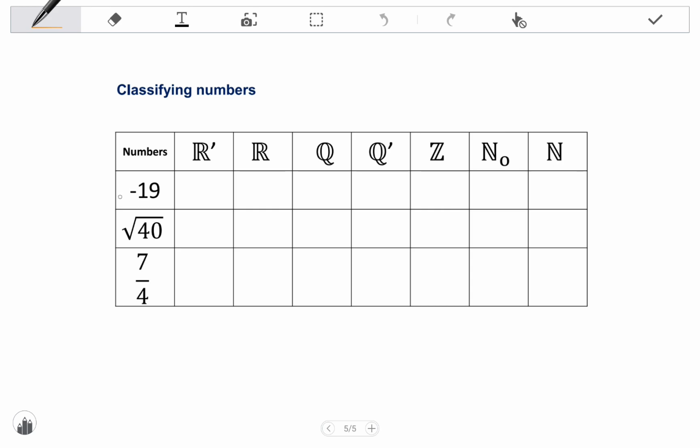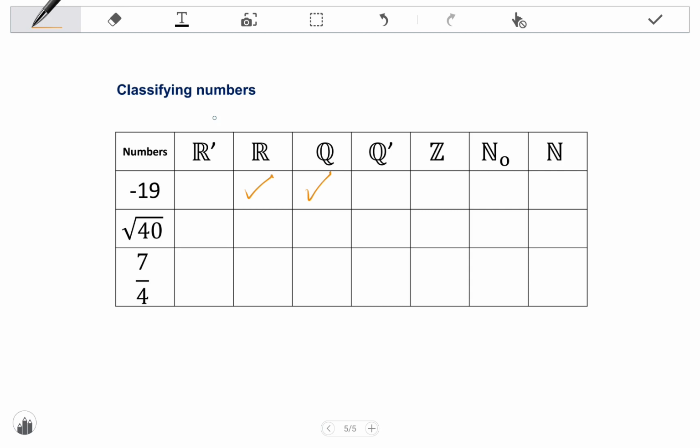Now, if we consider the number negative 19, okay, so first of all, negative 19, is it real or non-real? Okay, we can place it on the number line, so it is real. Is it rational or irrational? So ask yourself, can it be written as a fraction? Yes, it can be written as negative 19 over 1, so it is rational.